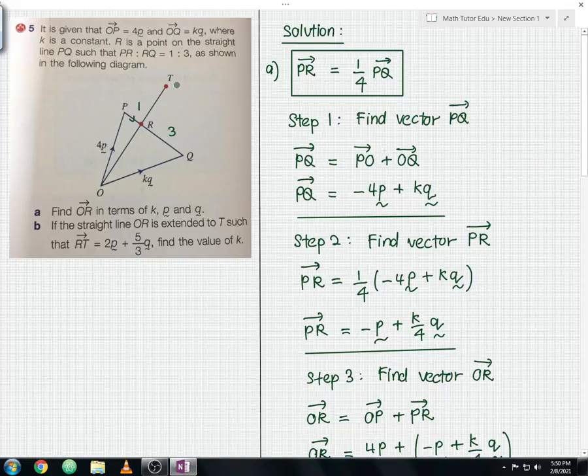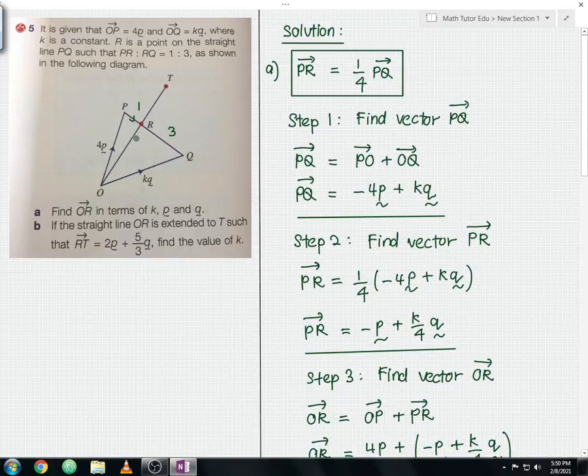Which means that point O, point R, point T are collinear to each other. So the first step we're going to do is find the vector OT. Since in question part B they already give us that the vector RT is equal to 2p plus 5 over 3q, and vector OR we have already found in question part A.